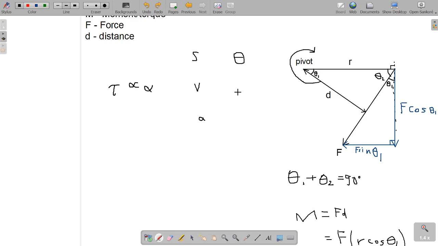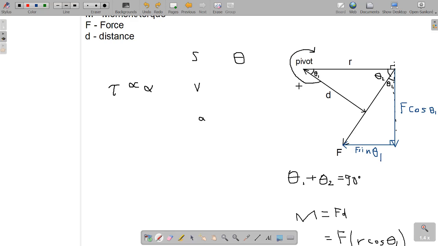For velocity, I think you can get the idea already. Angular velocity is basically how fast the thing rotates per second in terms of radians. So 2 pi per second means the object completes one complete revolution per second.